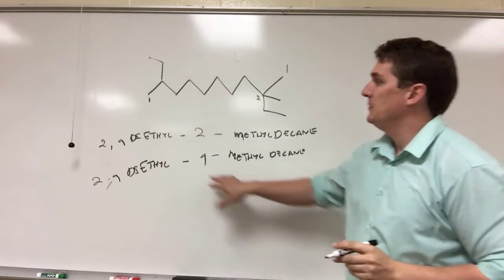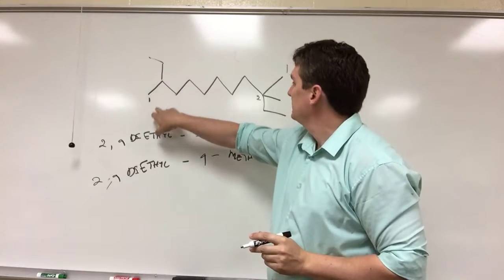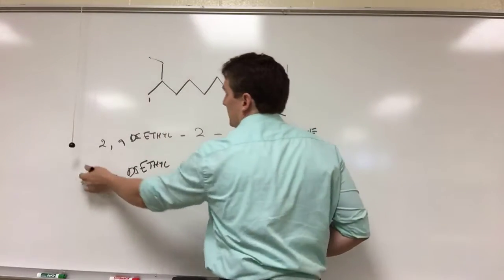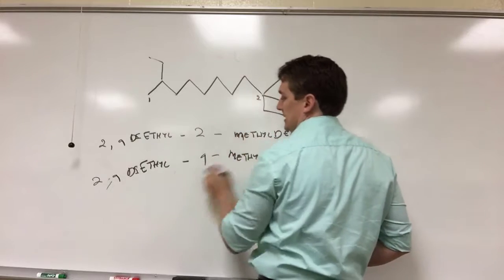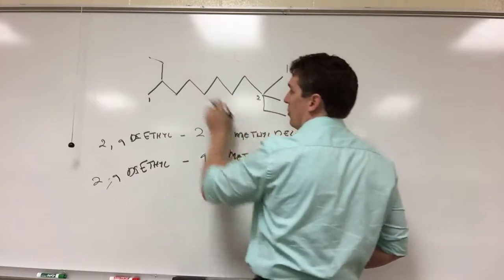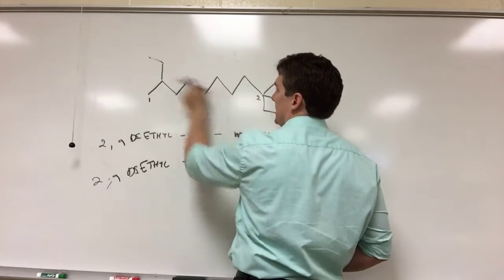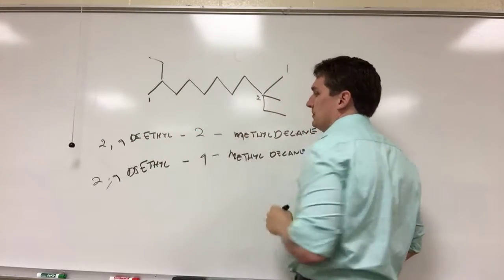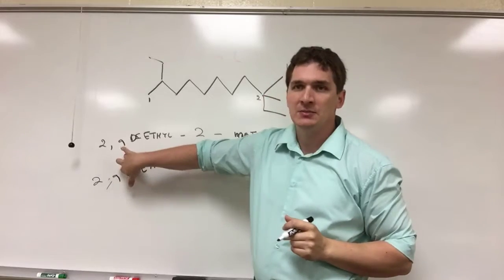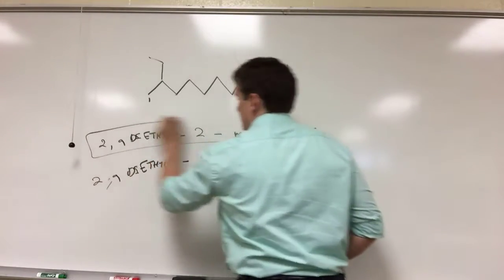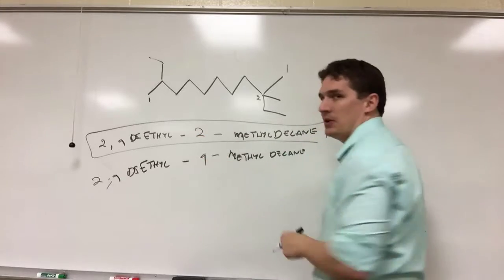So if we start with this as the leading carbon, we have a 2,9-diethyl, 9-methyl. Or if we start with this as the leading carbon, we have a 2,9-diethyl, 2-methyl. We still have the 2 and the 9 here being the same, so the next difference comes at this point. So we would use this because this is the lowest number on the methyl.